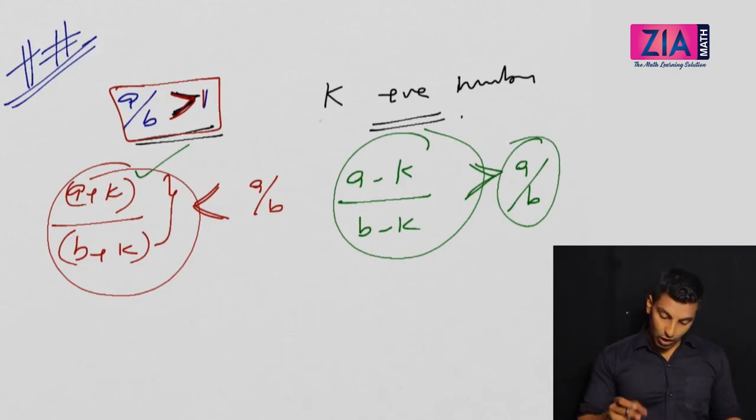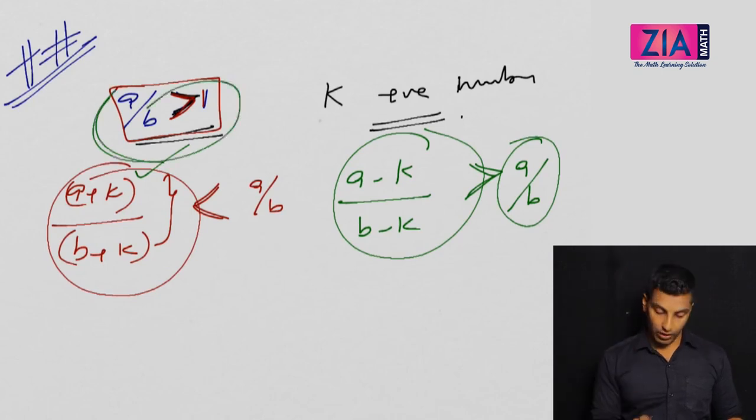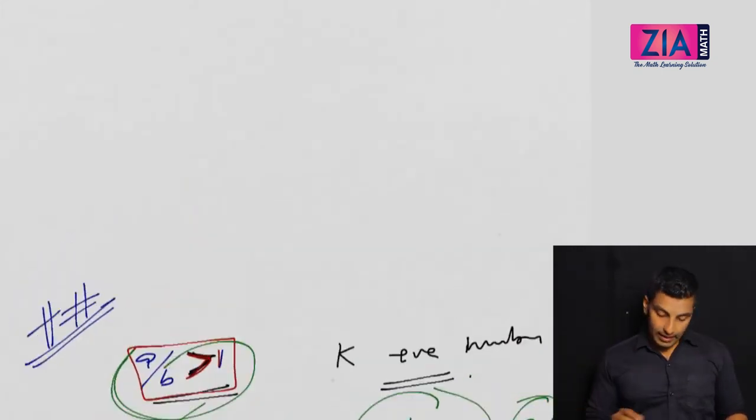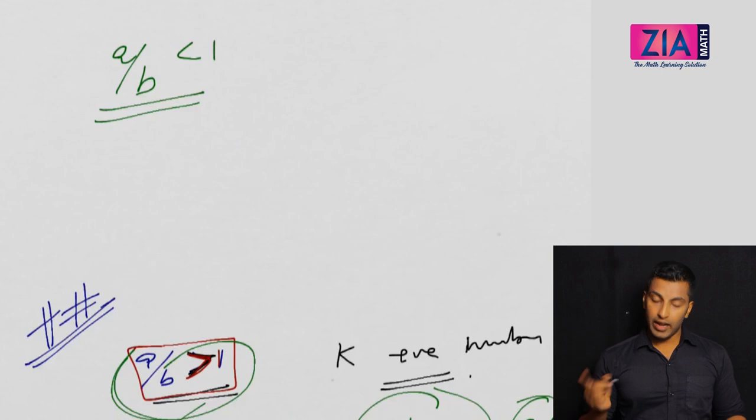Now, what you can do is the opposite. A by b can be less than 1. Again the same situation, k is a positive number.